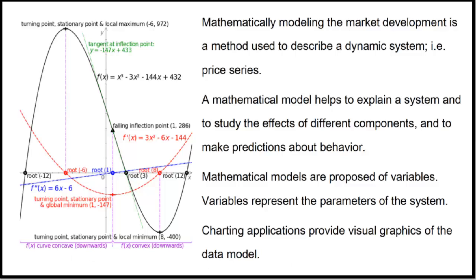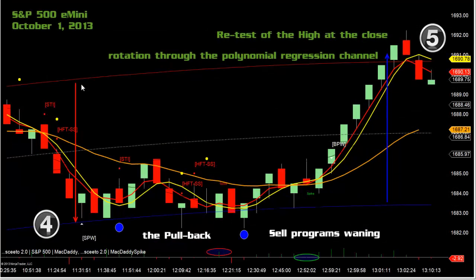In this graphic, you can see some of the mathematical formulas that are behind the algorithms that we have developed at Follow the Bots. For example, when you look at the 5-tick range chart that we use to model the intraday market development, you can see overlaid on the price structure is a polynomial regression channel.